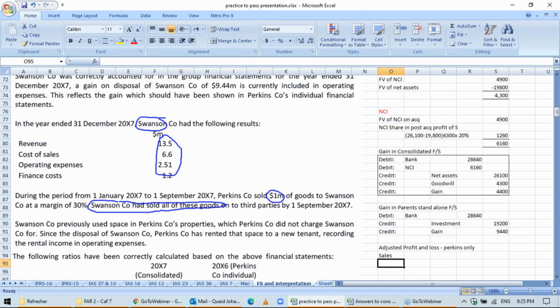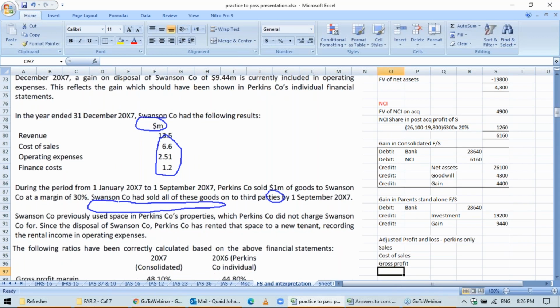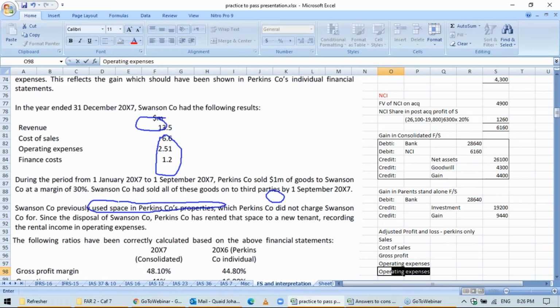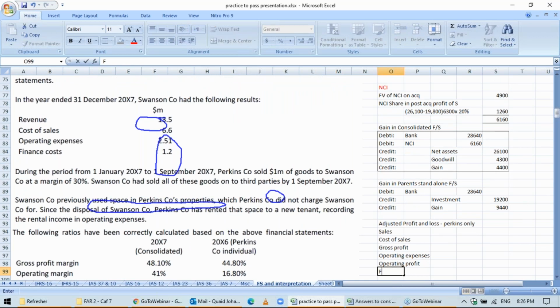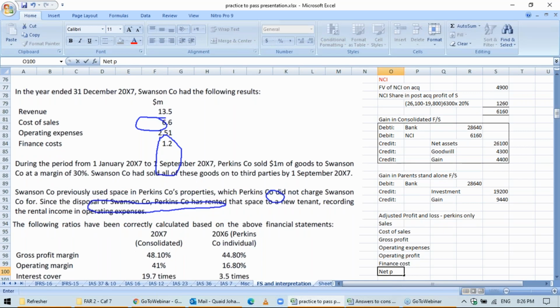After sales, we'll be having cost of sales. We'll be having gross profit. And then we'll be having operating expenses, and then operating profit, and then finance cost, and then net profit, or profit before tax, right?